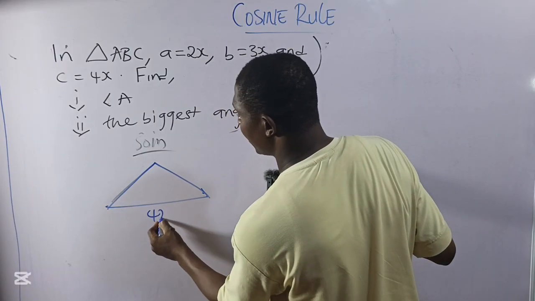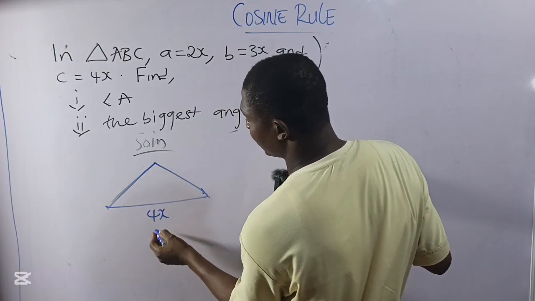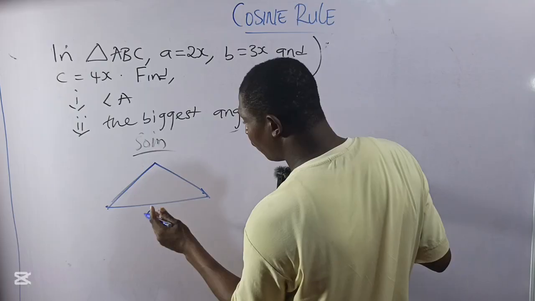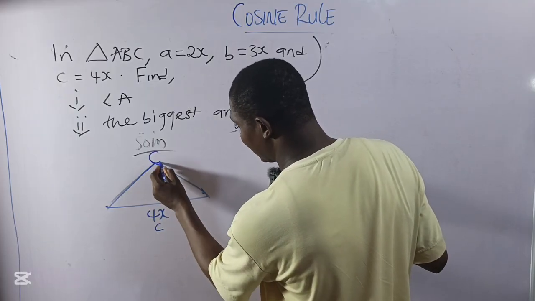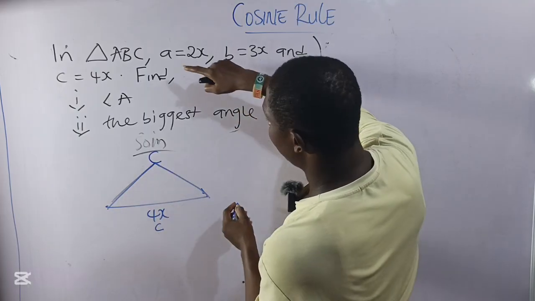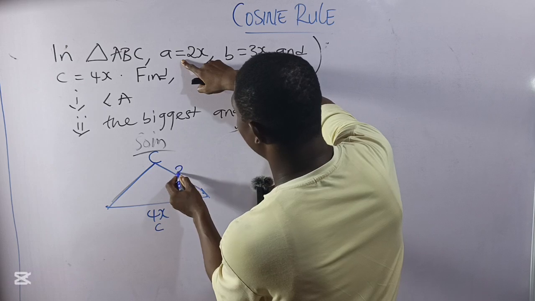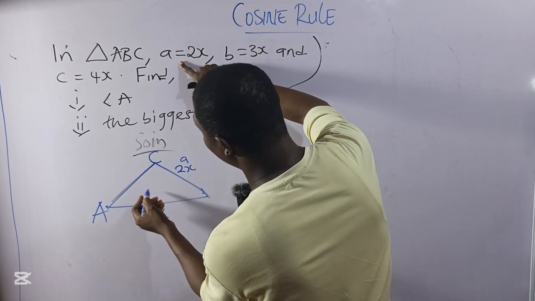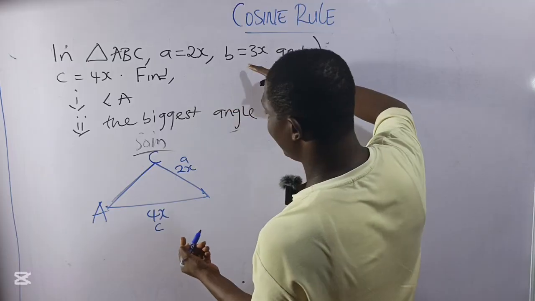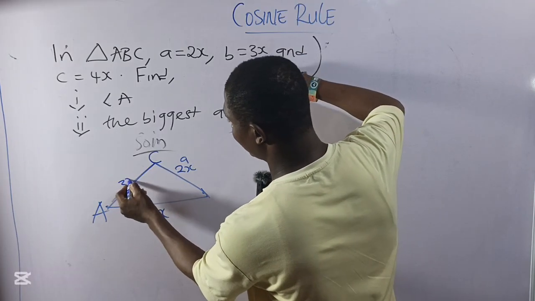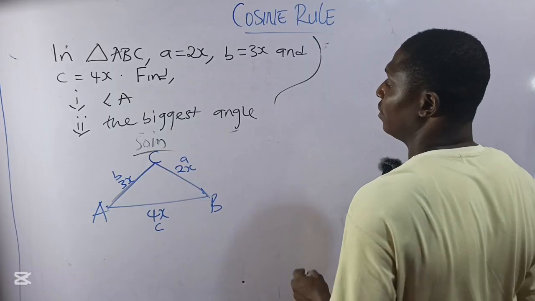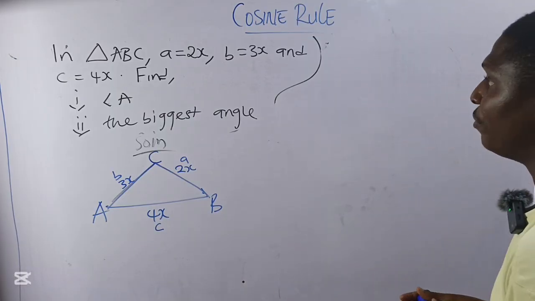I can have my 4x here, and this becomes my small letter c. For it to be easy, I will have my capital letter C here. And I also have A. If I take here as 2x, which is A, then here becomes the angle A. And if I take here as B, which is 3x, then here becomes my angle B.